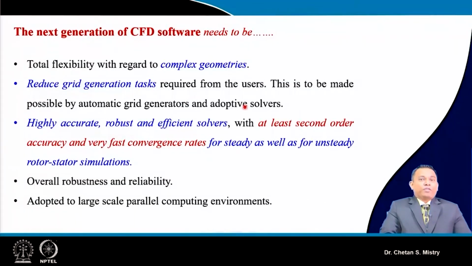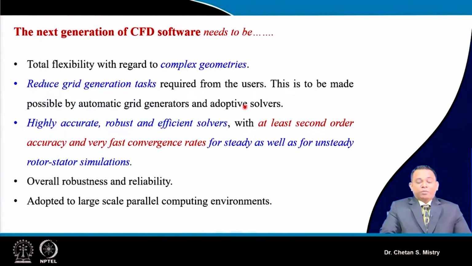Now, what are we looking for future CFD software to do? Total flexibility with regard to complex geometry. We have seen, for example, bird strike configurations, or the three-dimensional shape of our blade, for which we need very good control. Reduce the grid generation task as per the requirement, because a whole lot of time goes into grid generation, so automatic configuration is the next demand.